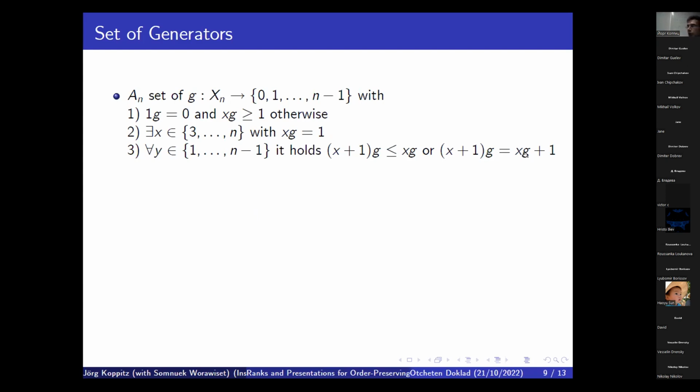So, all these mappings we consider, and the set of all these mappings, is denoted by An. In order to get an alphabet, we want to distinguish between mapping and variable, and we do this in the following way.